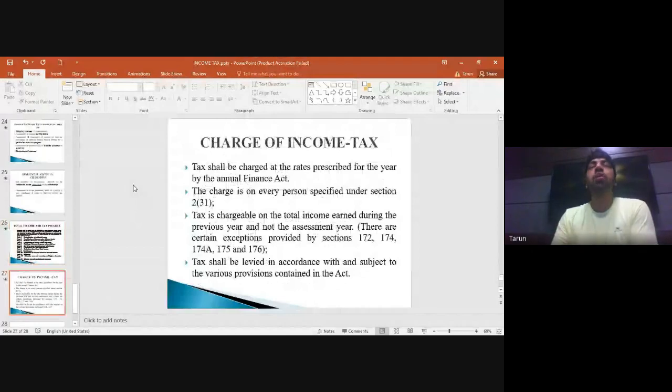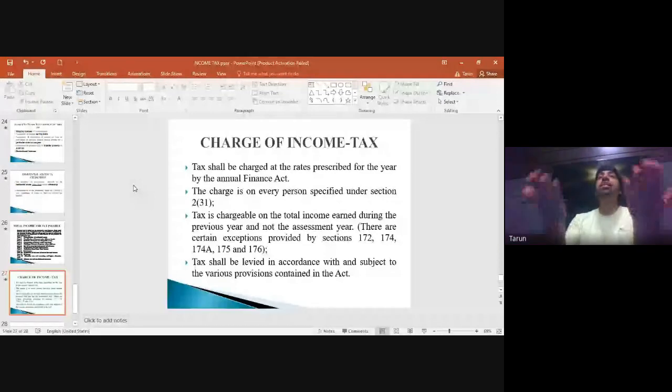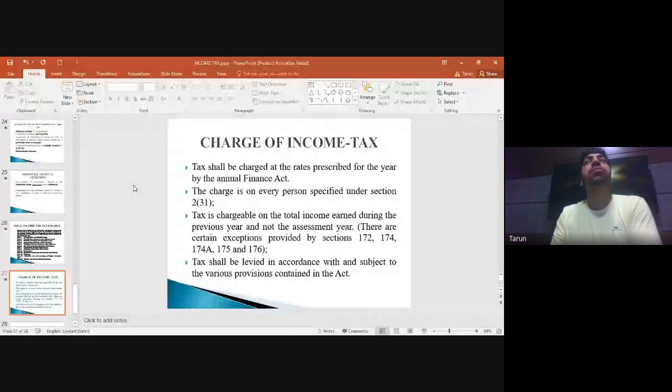Of course, tax shall be charged at the rates prescribed for the year, which I already told you are the income tax slab rates for the year 2023 to 24. According to your income, you have to apply your tax rate, right? The charge on every person is specified under section 2, subsection 31.